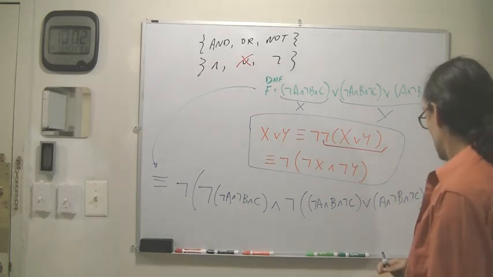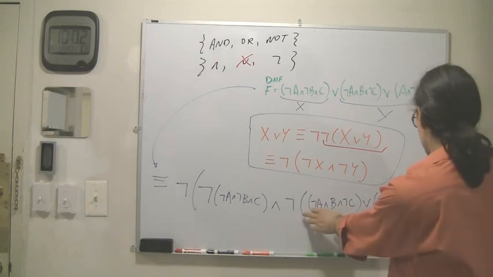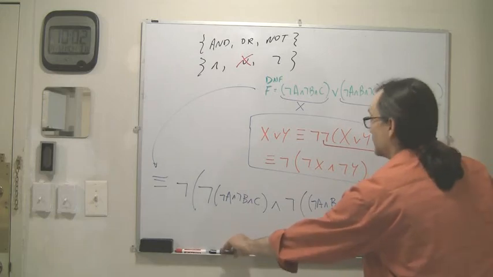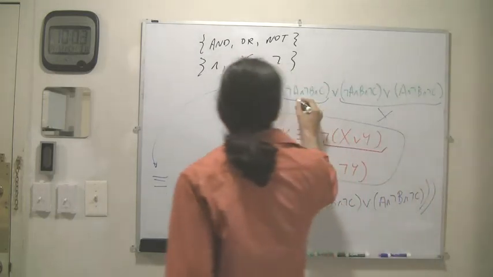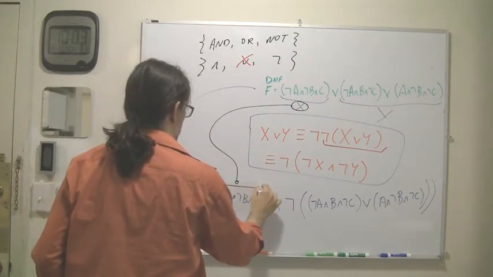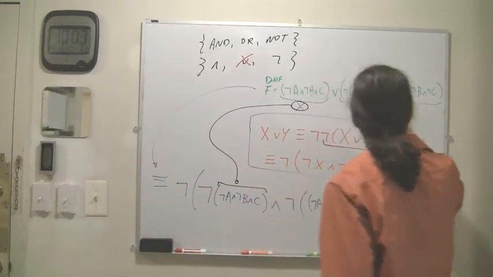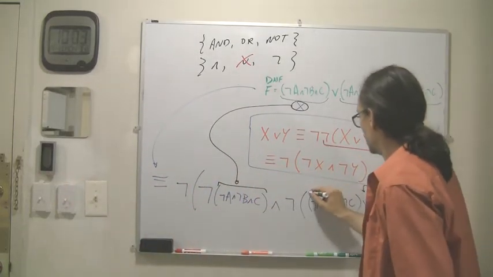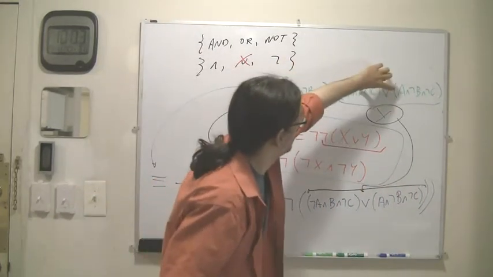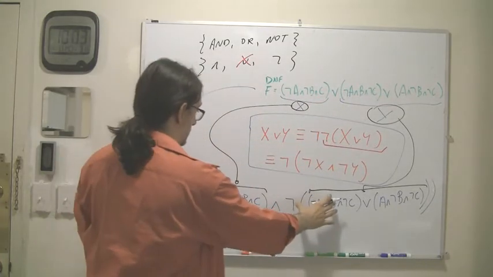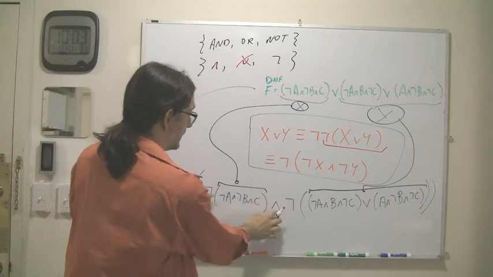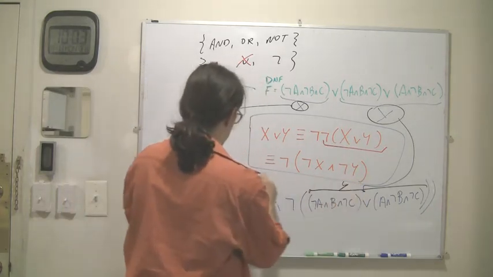Right? Okay, this closes here. This closes here. This closes here. So notice that the x here comes here, and the y here goes here. So this is x or y, and this is not x and not y, right? This is y and this is x.